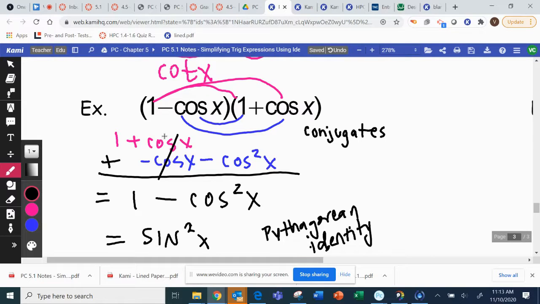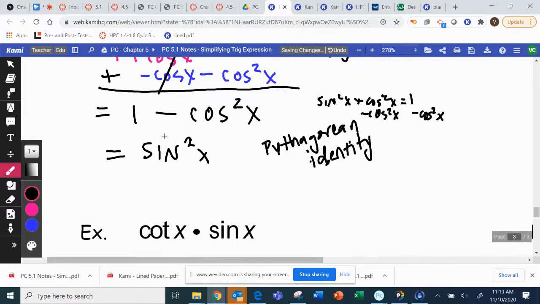Yeah, she's using that sine squared x plus cosine squared x equals 1. If we subtract the cosine squared x, then we get sine squared x. And that is one trigonometric ratio, so we are done simplifying that.